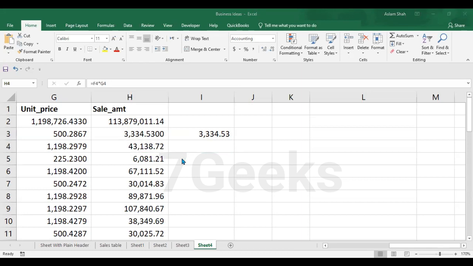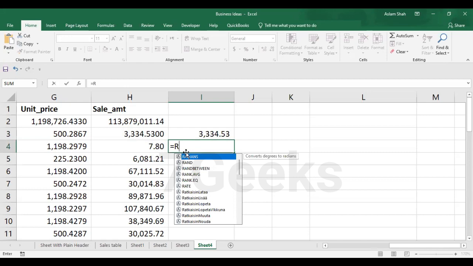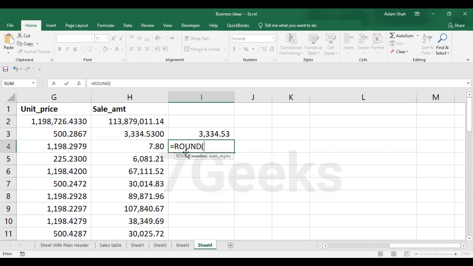The second type is rounding to the nearest integer. Suppose I have a value that is 7.8 and I round it. For example, select this value and then 0.